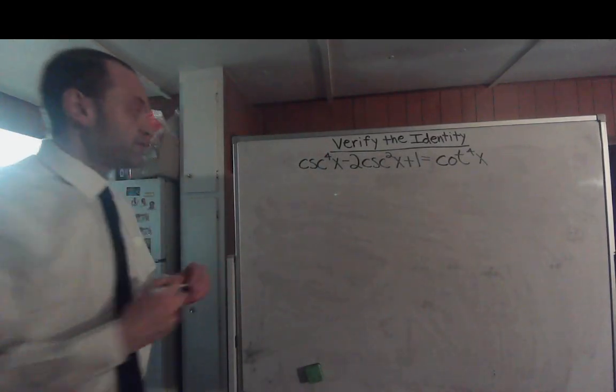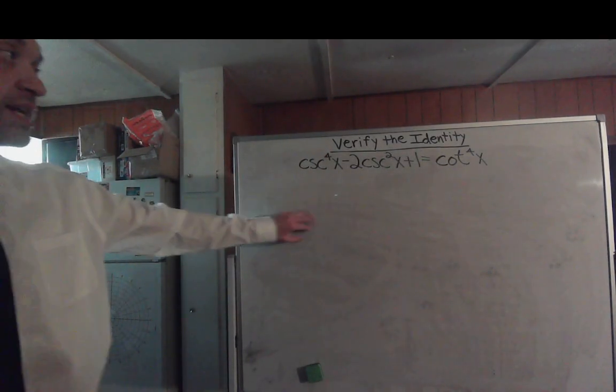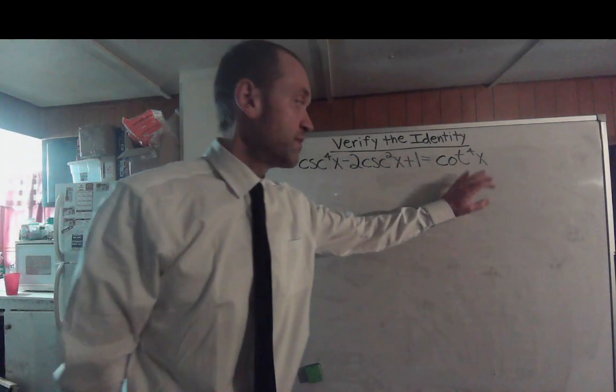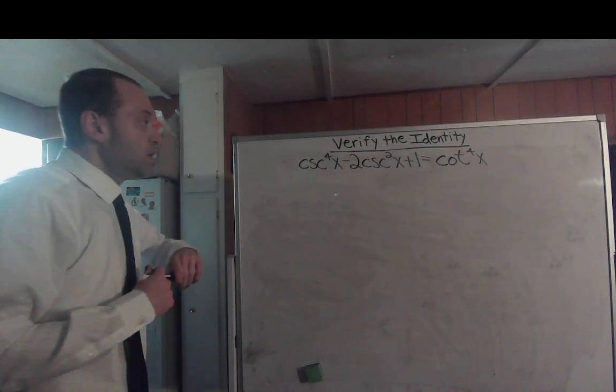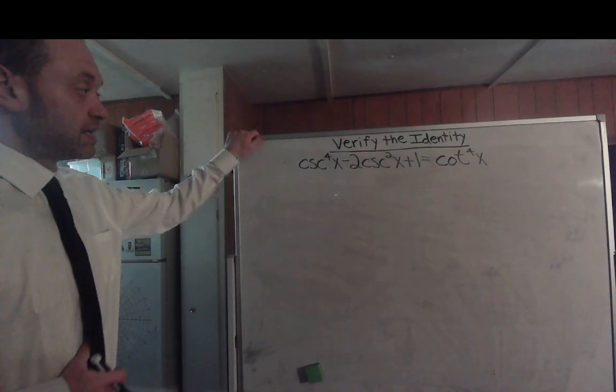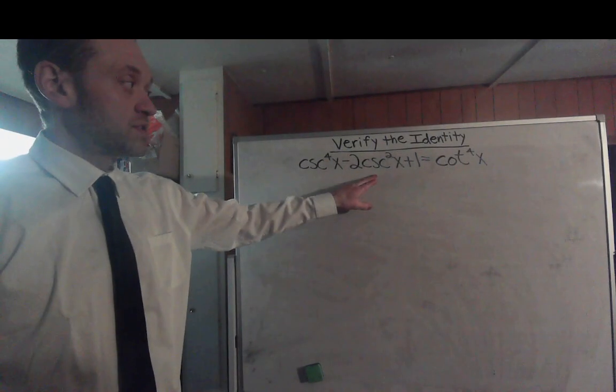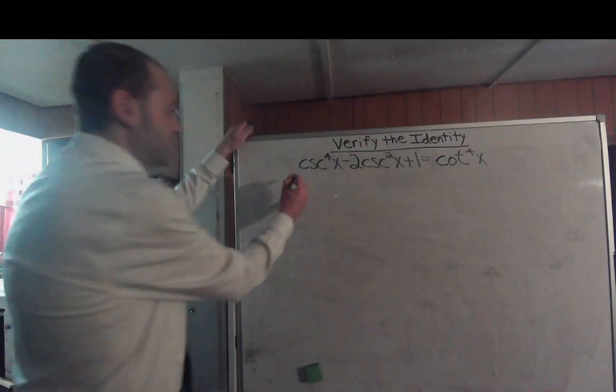So we have to verify cosecant to the fourth of x minus 2 cosecant squared of x plus 1 equals cotangent to the fourth of x.